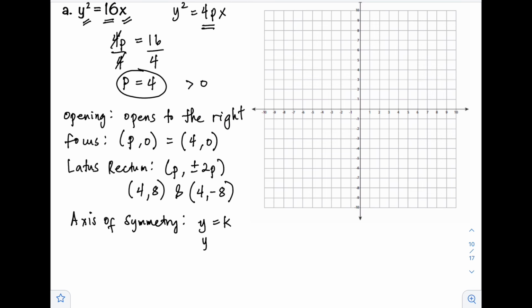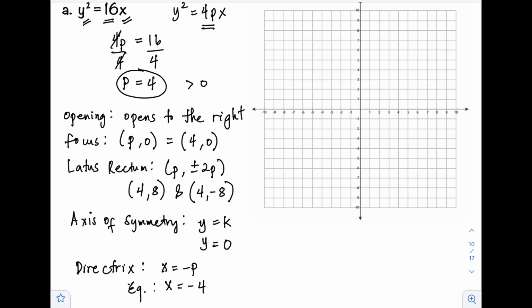So that means we have y equals 0. Next is the directrix. So si directrix ay may equation na x equals negative p. So since p is equal to 4, so therefore x is equal to negative 4 yung equation ng ating directrix.